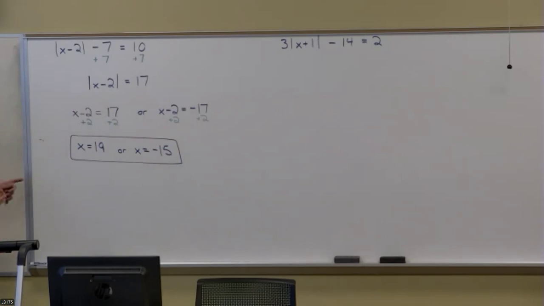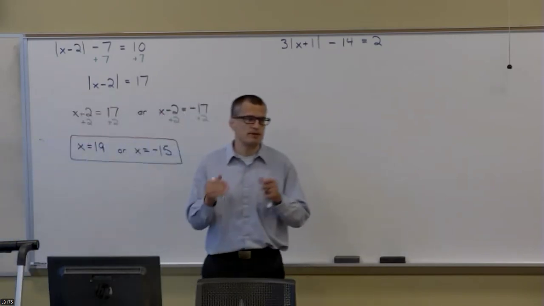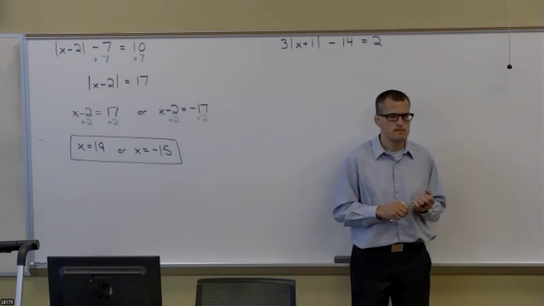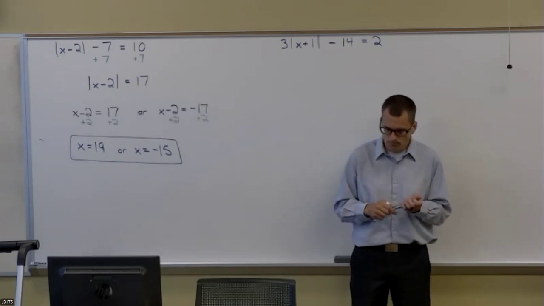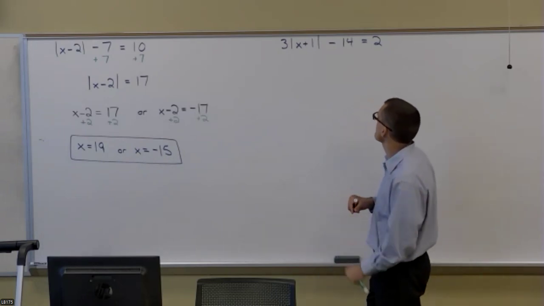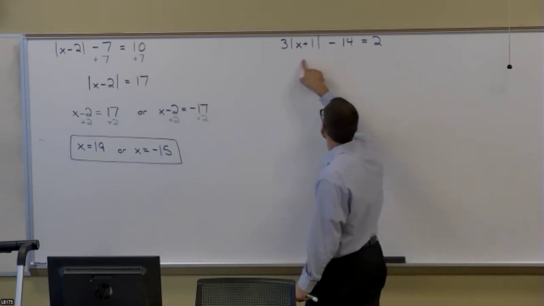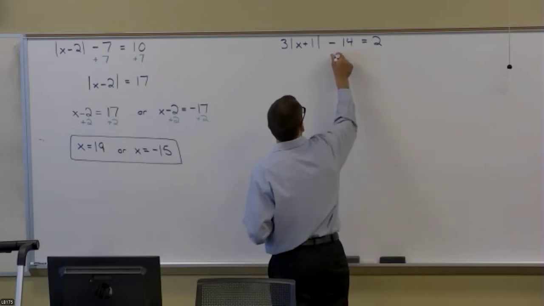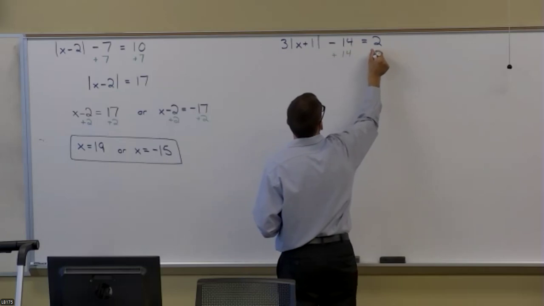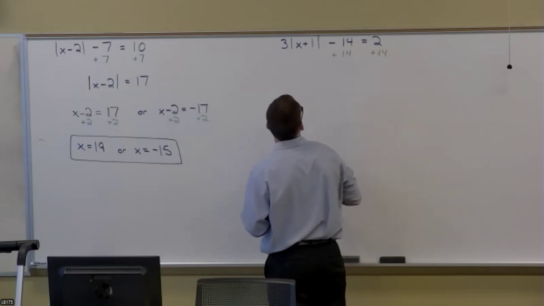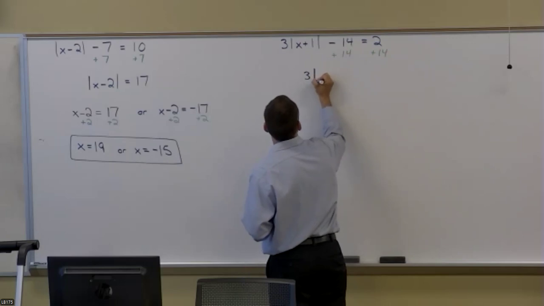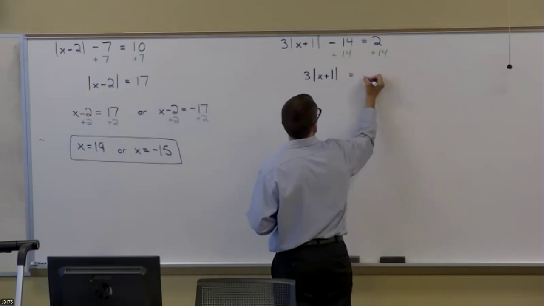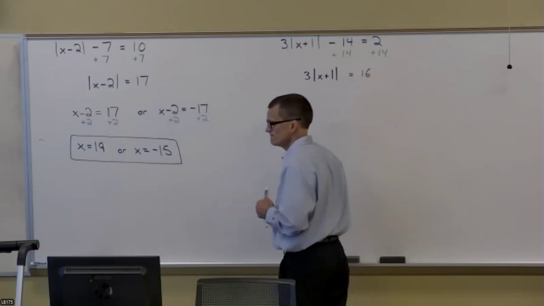On the homework, it'll have 2 slots, and it'll say, write the bigger number here, the smaller number here, something like that. We can do the same thing over here. We would add 14 to both sides and get 3 times the quantity absolute value of x plus 1 is equal to 16.